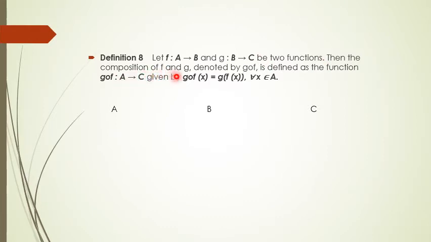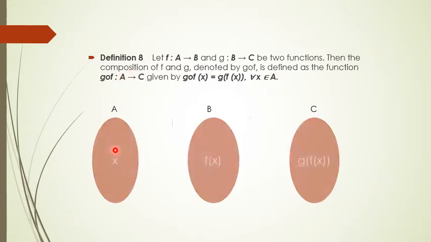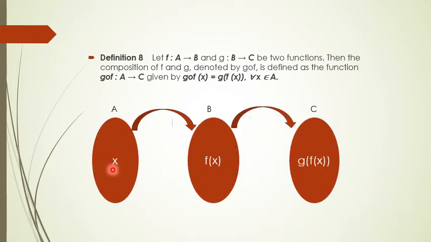Then the composition of f and g, denoted by g of f, is defined as the function g of f from A to C given by (g of f)(x) equals g of f of x for all x in A. Here, x is an element in the first set A. f of x is an element in the second set B. And g of f of x is the element in the third set.